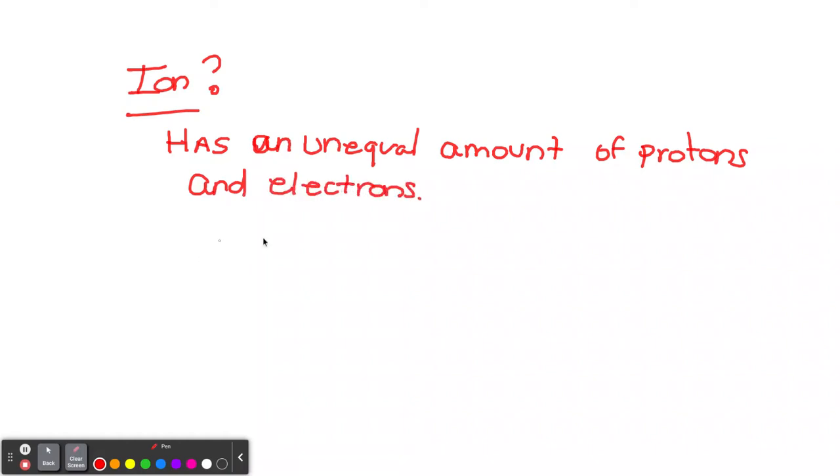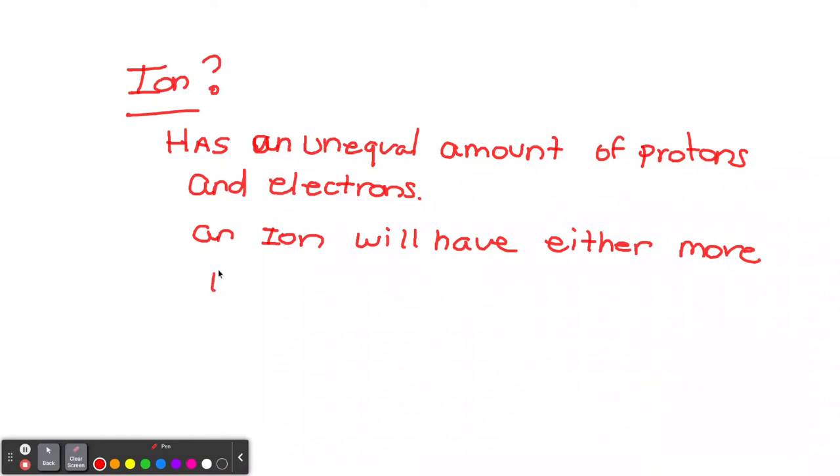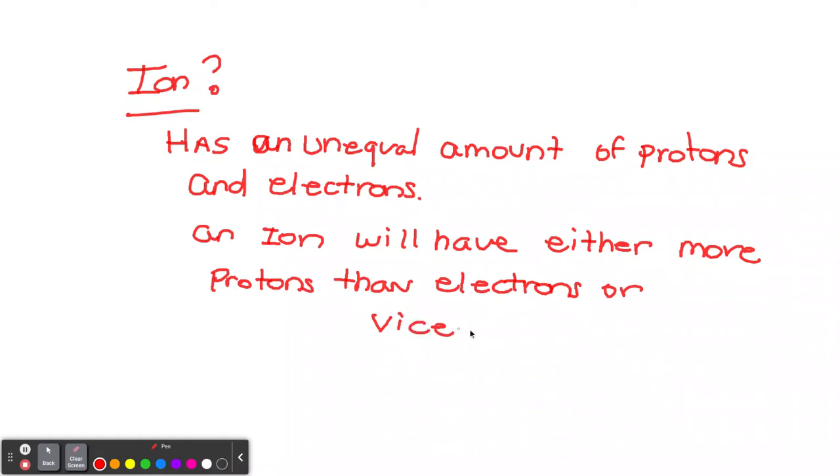So in other words, an ion will have either more protons than electrons, or vice versa.